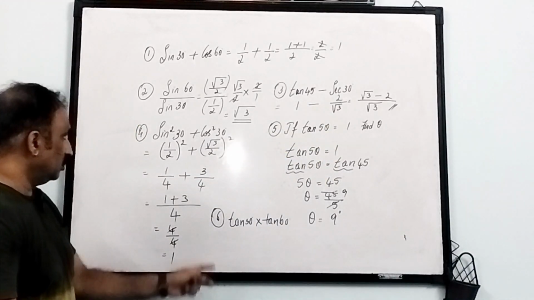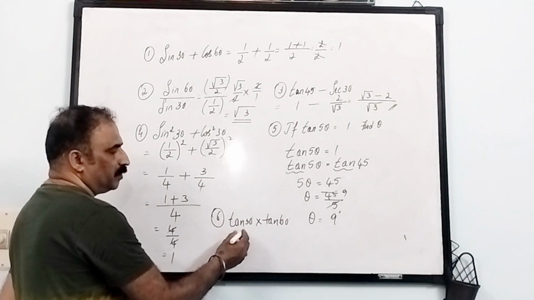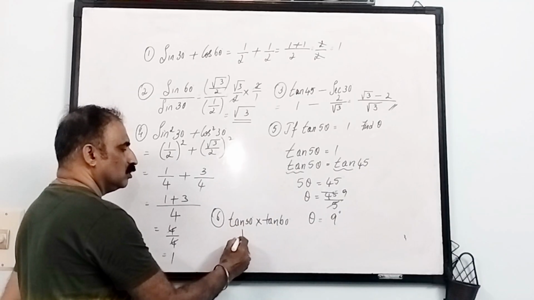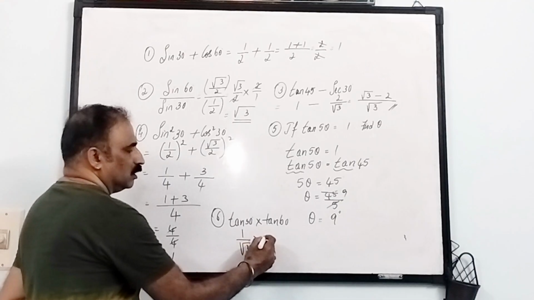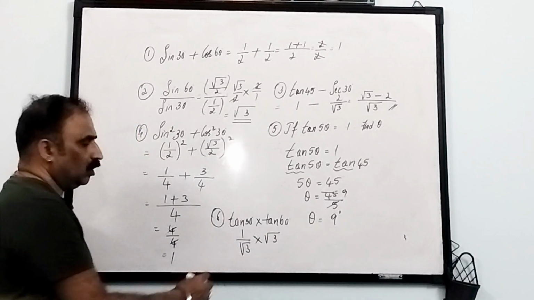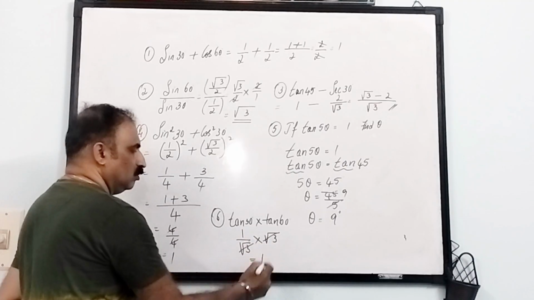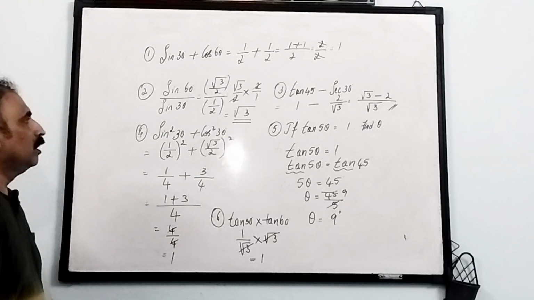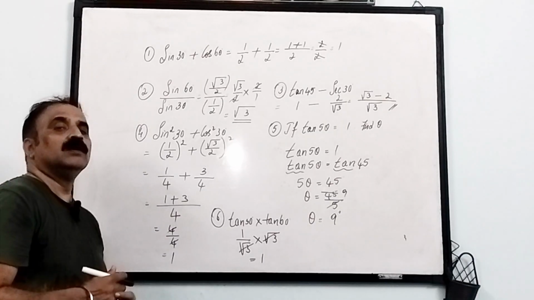Now if it is a product form, then the same product as you do in algebraic form, you only apply the values. Tan 30, as you know, is 1 by root 3, into tan 60. Tan 60 is equal to root 3. So now root 3 and root 3 get cancelled, so the answer is going to be equal to 1. Now these are the simplest problems, just substituting the values and finding the answer.